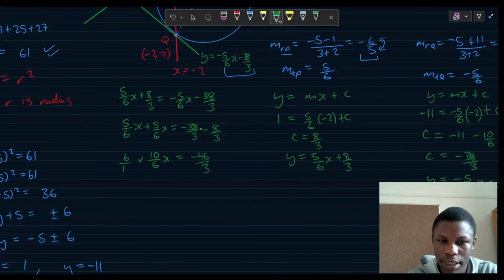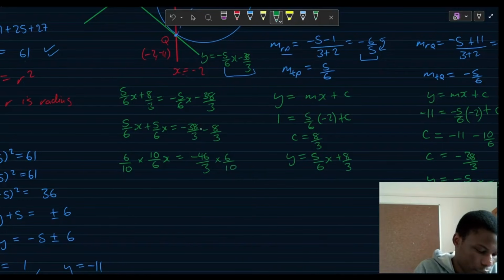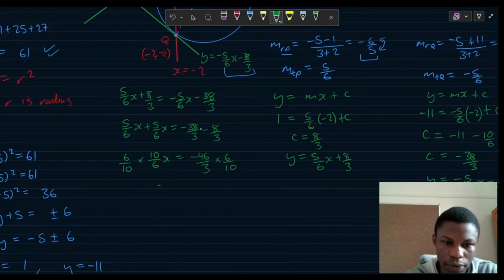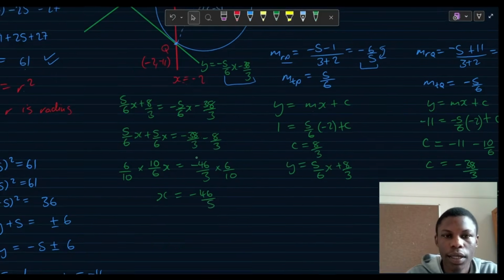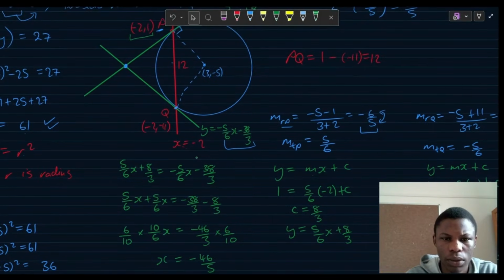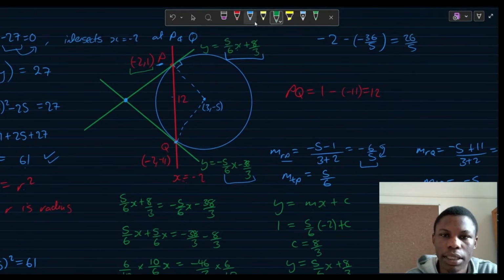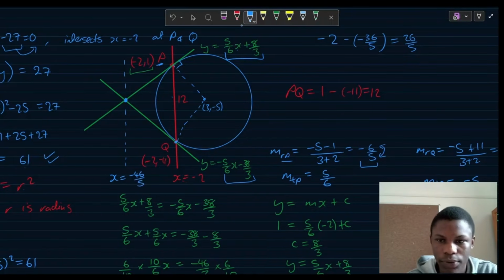Multiply both sides by 6 over 10. And we have negative 46 over 3 by 6 over 10, which gives us negative 46 over 5. And I think we only need, yes, we only need the x coordinate here. So this means that at this point here, x is equal to negative 46 over 5.